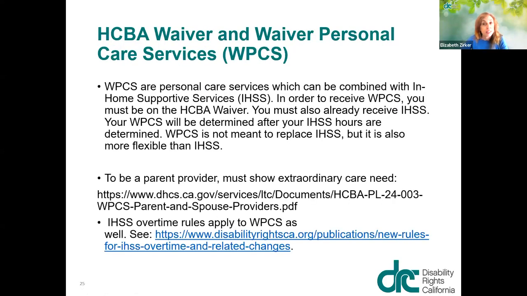It's similar to IHSS, but doesn't use the same authorization process. It's critical for many people who need personal care services above the 283-hour a month IHSS maximum. It can bridge the gap between that 283 hours and 720 hours a month, which is 24-hour care.